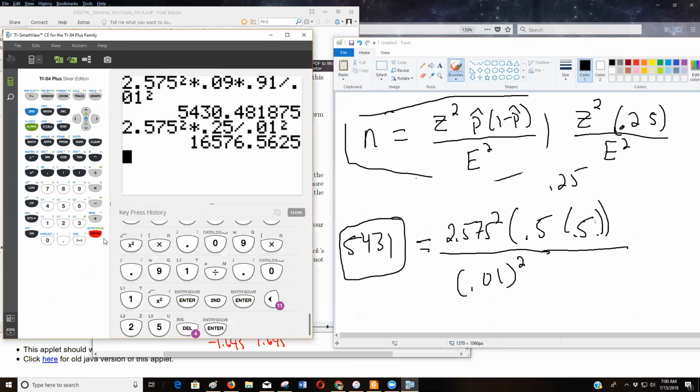You see how much larger that sample is? 16,577 people you would need to survey. Much larger. So this is why in practice, if they don't have any idea, they'll do some mini sample and come up with an estimate, and then use that estimate to bring down the sample size. Well, hopefully this helps you do the problem.